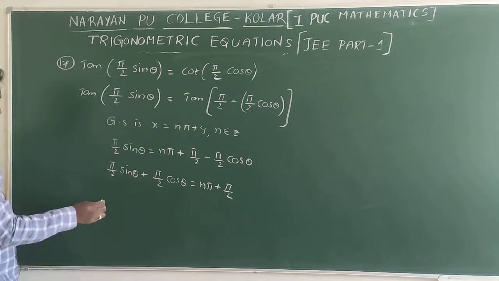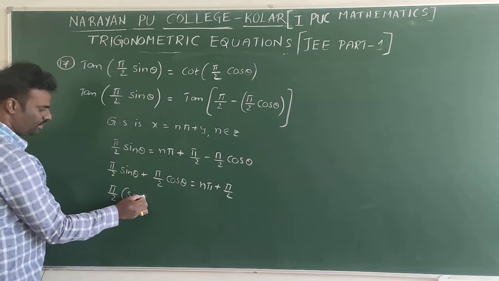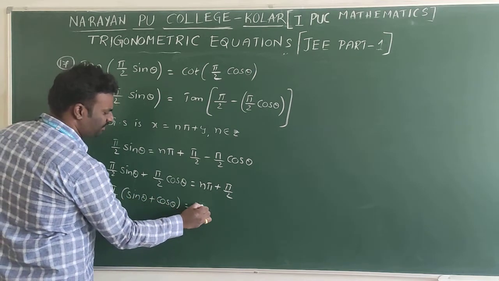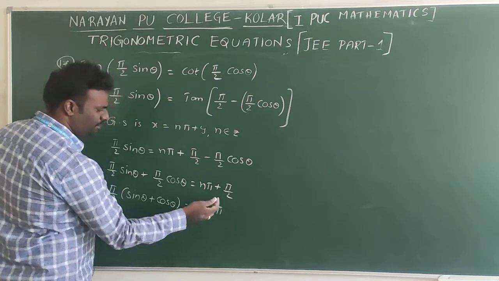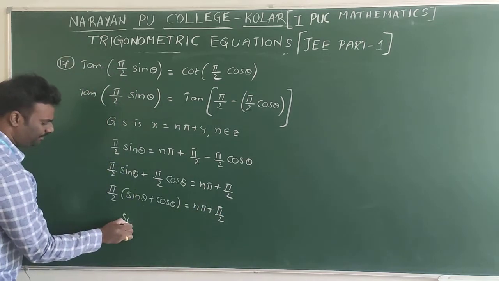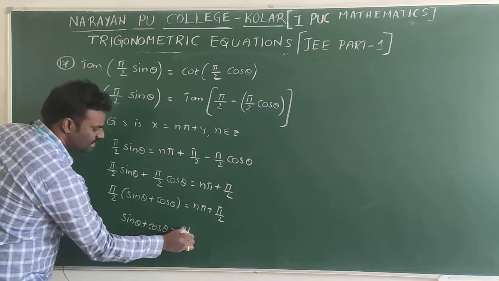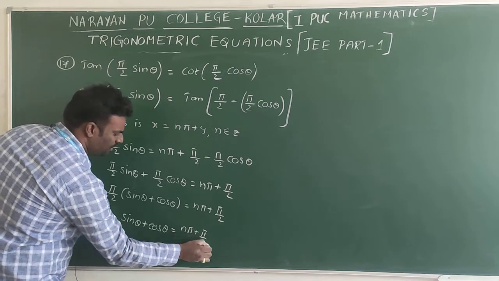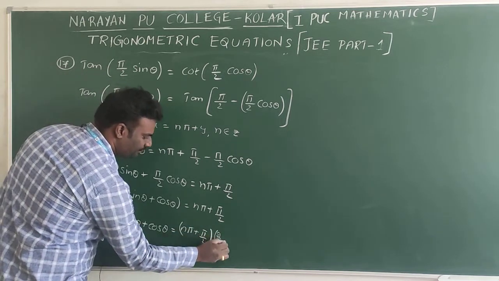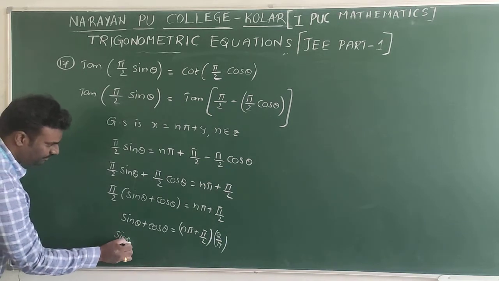You take pi by 2 common: sin theta plus cos theta equals n pi plus pi by 2 into 2 by pi, since we require sin theta plus cos theta.